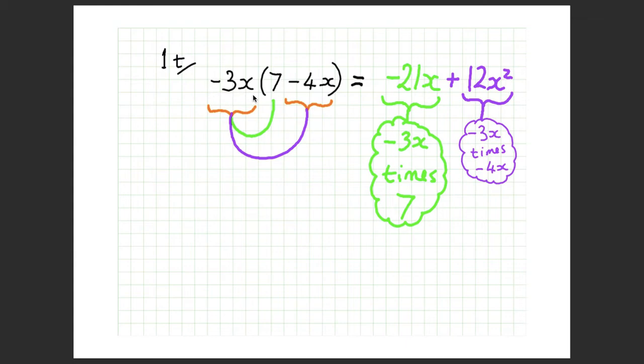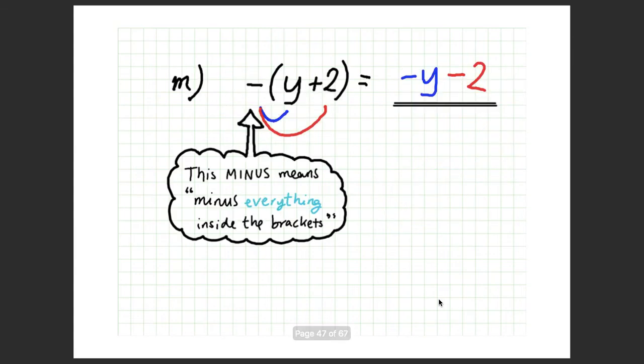And then minus 3x times minus 4x. Well, minus 3 times minus 4 would give you a plus 12, but then you're also multiplying by an x and another x. So you're getting 12x squared, with the minus times the minus making it a plus.